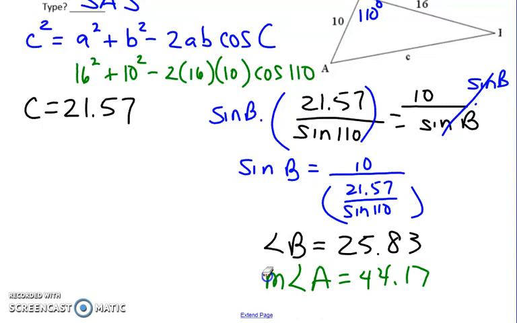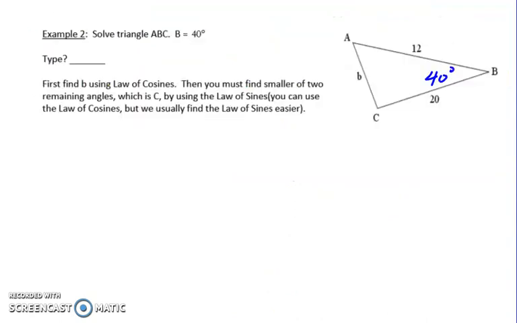All right. Now, let's take a look at example 2. Again, we're given two sides and the angle in between, so again it's side-angle-side. In this case, now we're going to solve for b.